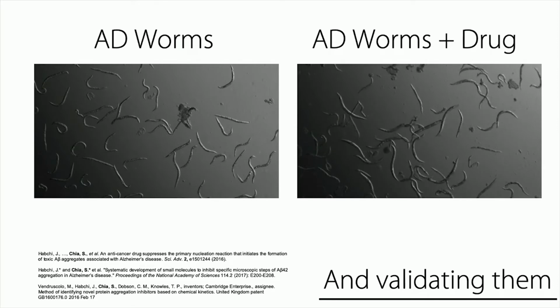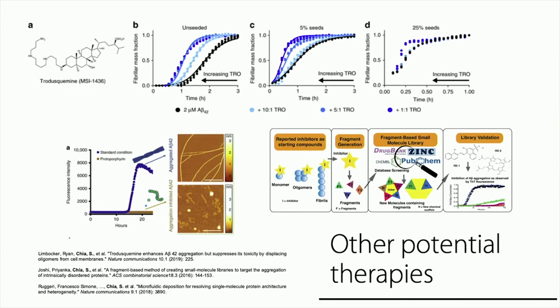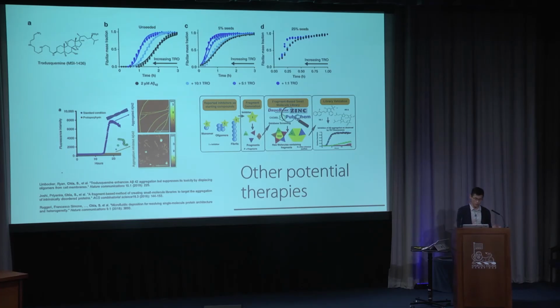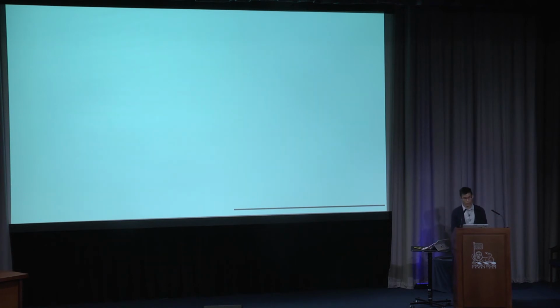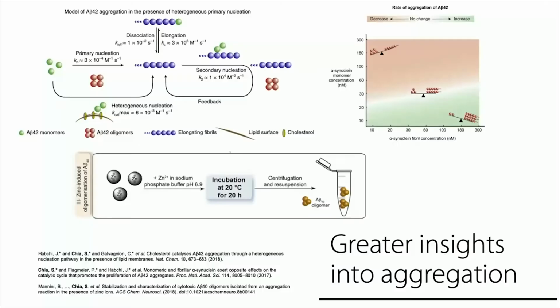So I've been very fortunate to be involved in many kinds of studies pertaining to small molecules. We do find that we can use them in many different techniques. One of them is traditional chemistry techniques like fragment-based screening, and also in our kinds of method development towards small molecules. Furthermore, we can also use this to try to understand how aggregation happens in the brain.